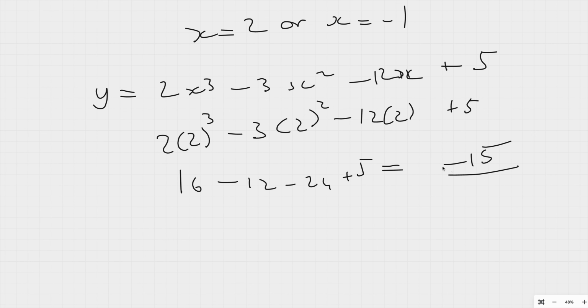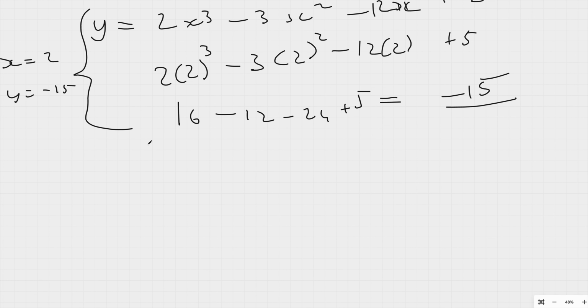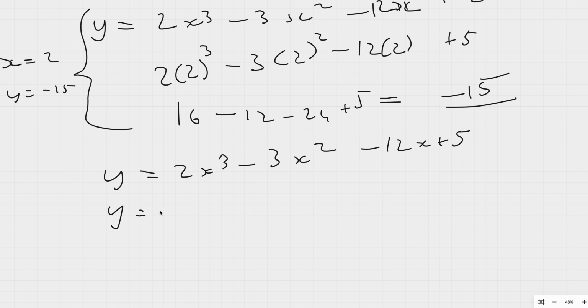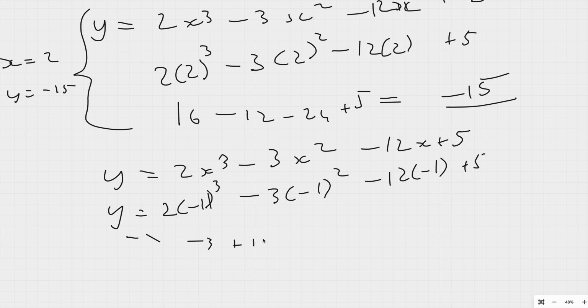Now let's also do this for our x equals minus 1. So let's just label that as when x equals 2, y equals minus 15. And let's do it again. y equals 2x cubed. It's always good to write it out in exams, so we won't get confused. y equals 2 times minus 1 cubed minus 3 times minus 1 squared minus 12 times minus 1 plus 5, which ultimately gives us minus 2 minus 3 plus 12 plus 5.